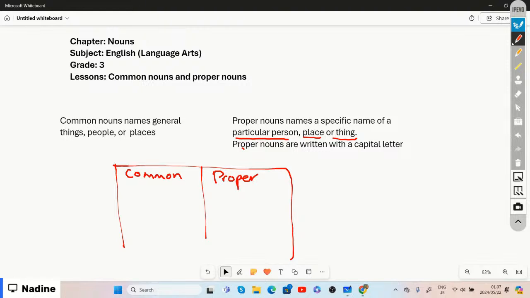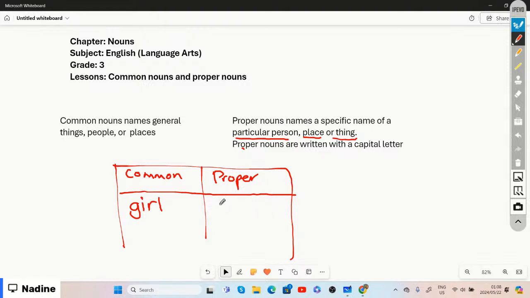Then under common noun, we would, for example, say that girl is a noun, right? But then we have our proper noun, and this is where we give the name of the girl.